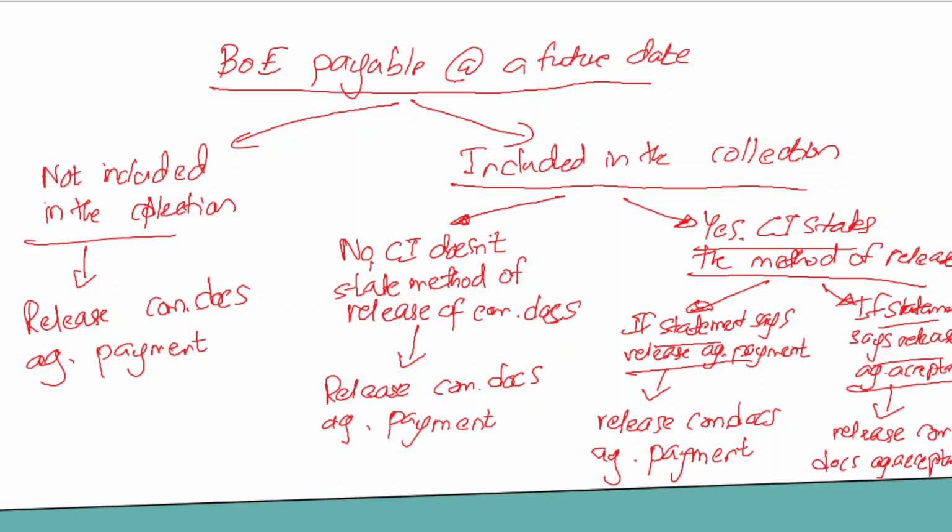So you can see here, whenever there is a contradiction, you have a bill of exchange but there is no clear instruction included, or even though the collection instruction includes a method of release, that says a totally contradictory act of releasing against payment, or if there is no bill of exchange payable at a future date in the collection, in all these three scenarios that we just saw, you can release the documents against payment.